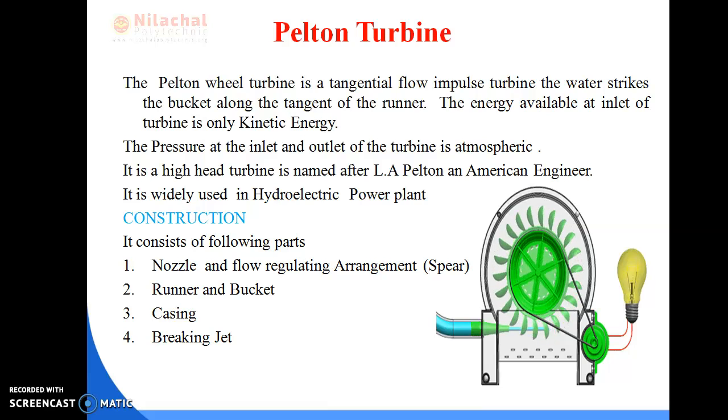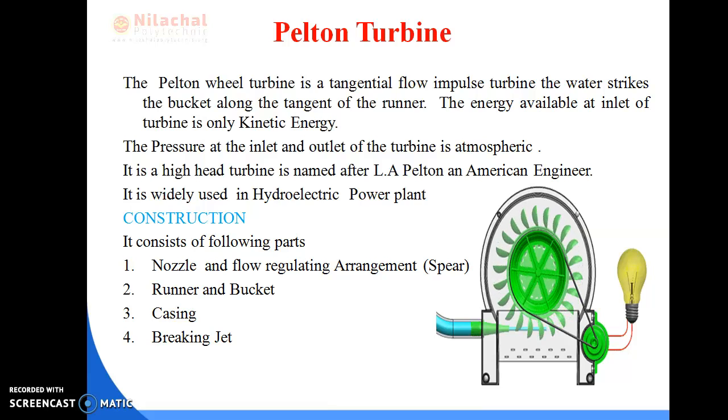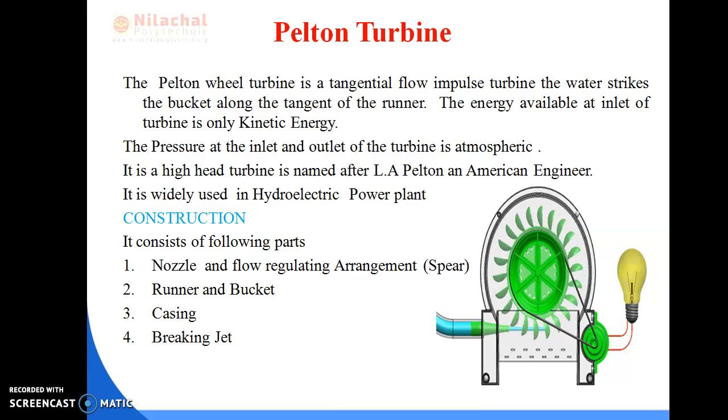From constructional features, we have basically four parts of a Pelton wheel turbine: nozzle and flow regulating arrangement, runner and bucket, casing, and braking jet. This is the overall overview of a Pelton wheel turbine, where there is a penstock.